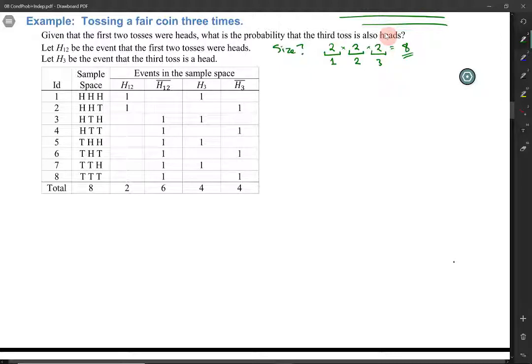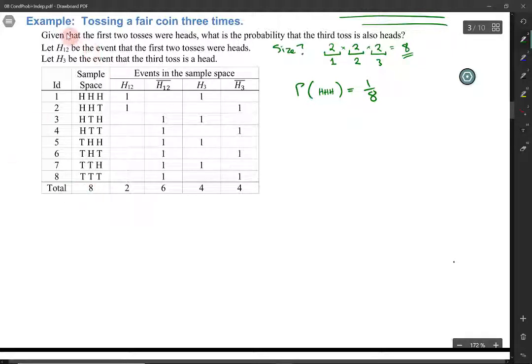That's because there are 8 possibilities and only one case where you have 3 heads in a row, so 1 out of 8. But that's not what we're asking.